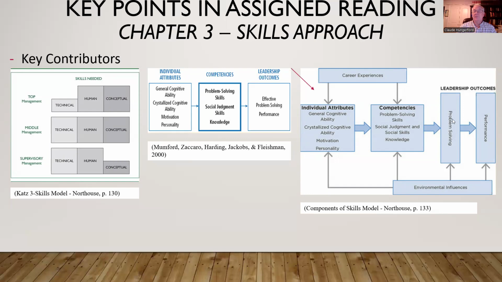Obviously, problem solving from a leadership perspective is essential, and performance of individuals in the organization. But then they also acknowledge that environmental influences to each of the attributes, the competency, even the problems and the performance of individuals and organizations, they're going to sort of be the monkey wrench in things.